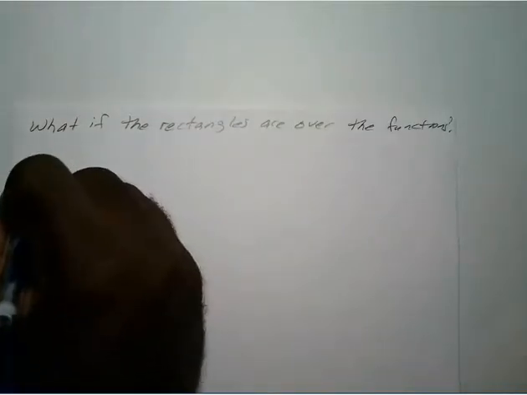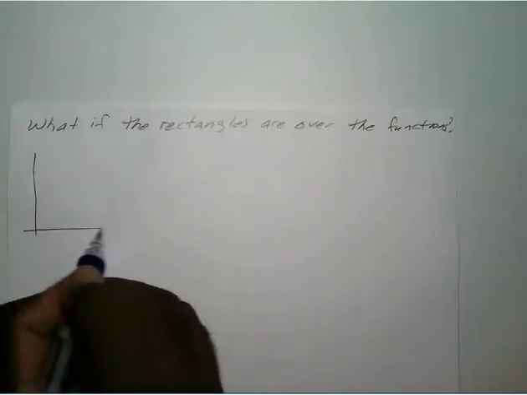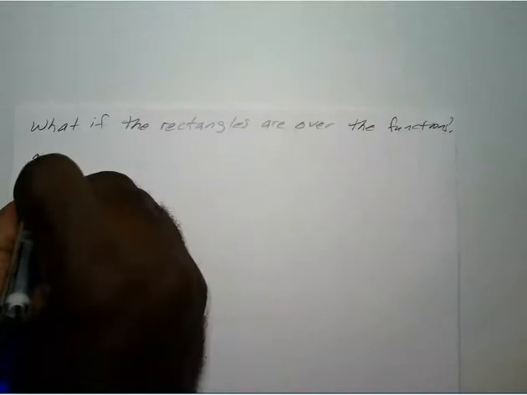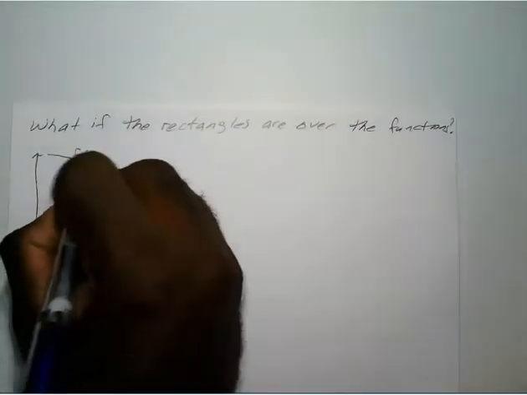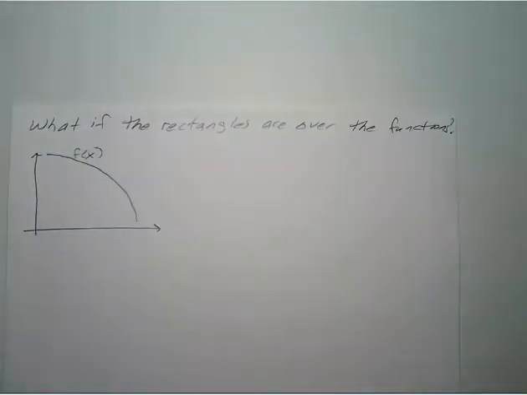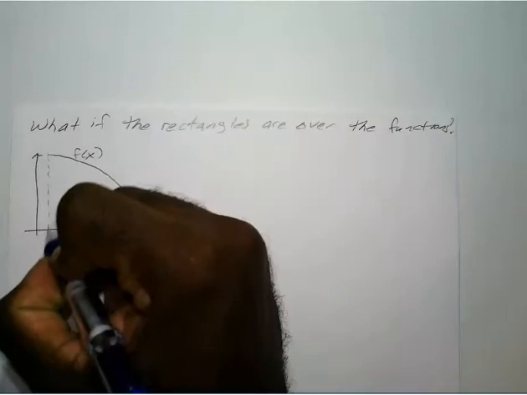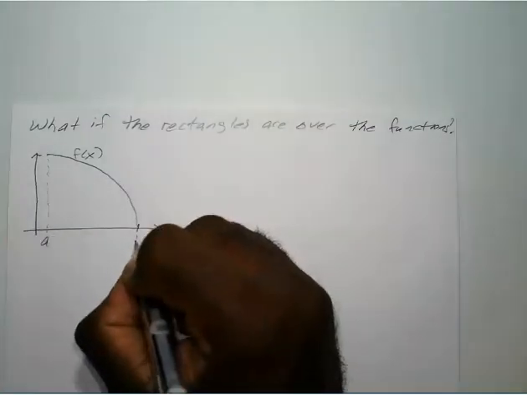Okay, so what if we have our very similar function that we did on the first page? All right, so let's say this is our f of x. Okay, and this is between some x equals a and x equals b.